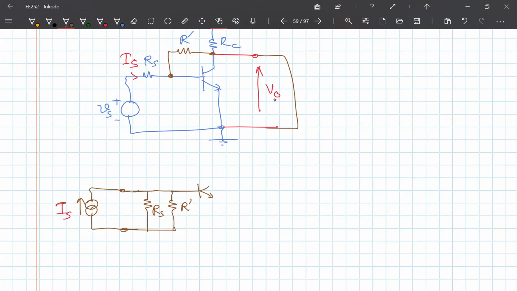Now, to find the output circuit, set the input voltage to 0 for shunt comparison, right? That is exactly what we should do. If it was for series comparison, that is, if you were adding or subtracting a voltage, I in would be made 0. But now, since we are using a shunt comparison, we need to set Vi, the input voltage, to 0. So that means you are short circuiting this, right?